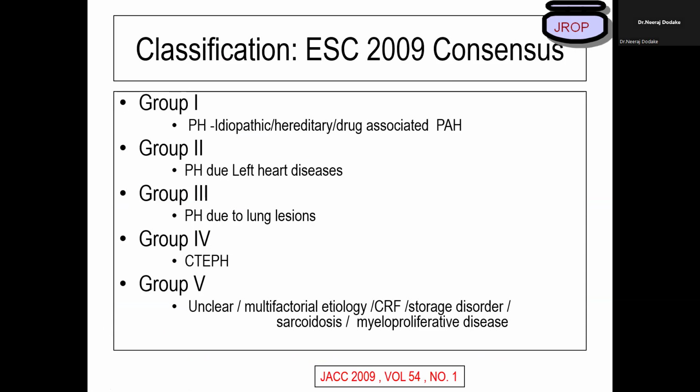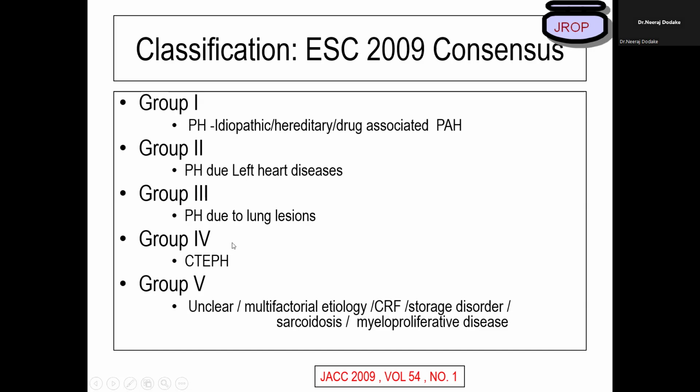Group 2 is heart failure with preserved ejection fraction, valvular lesions, cardiomyopathies, hypertension, diabetes. Group 3 is chronic obstructive lung diseases. All of us can understand that anybody who is a chronic smoker develops pulmonary artery hypertension, he belongs to group 3, lung conditions.